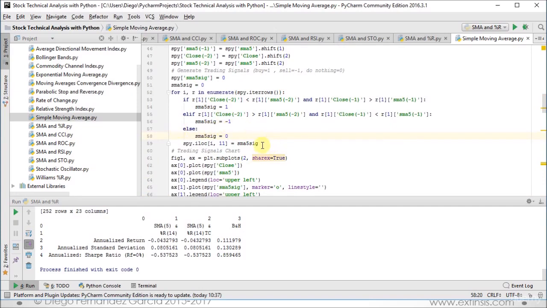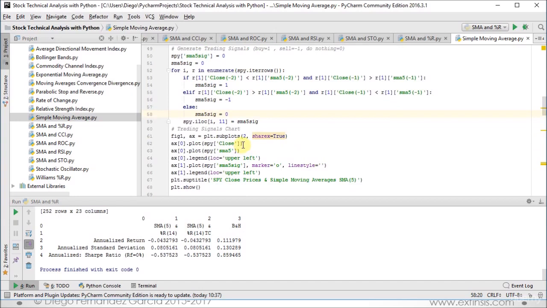We'll update that corresponding column as mentioned above. Then we'll have the corresponding trading signals chart. In this case, we have a subplot with two of them. First, our close prices with the technical indicator, and below we have our corresponding trading signals.